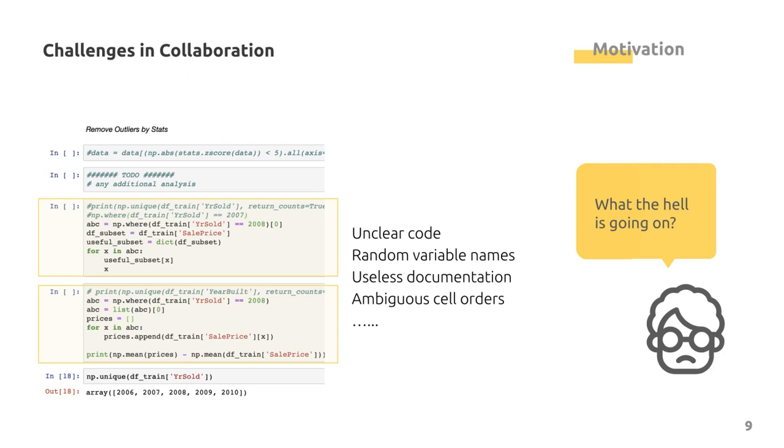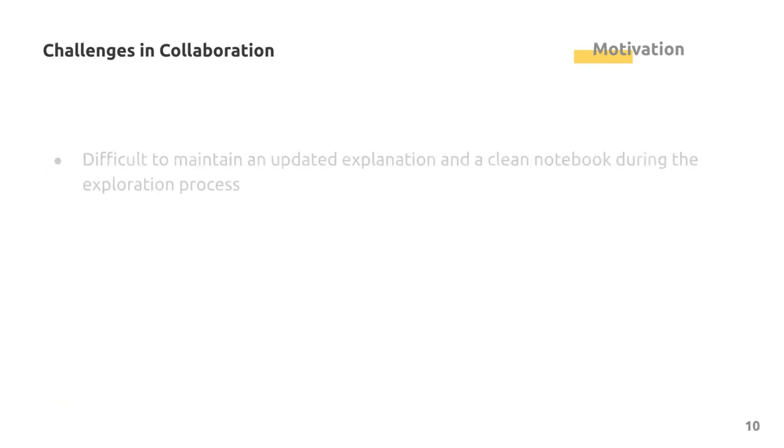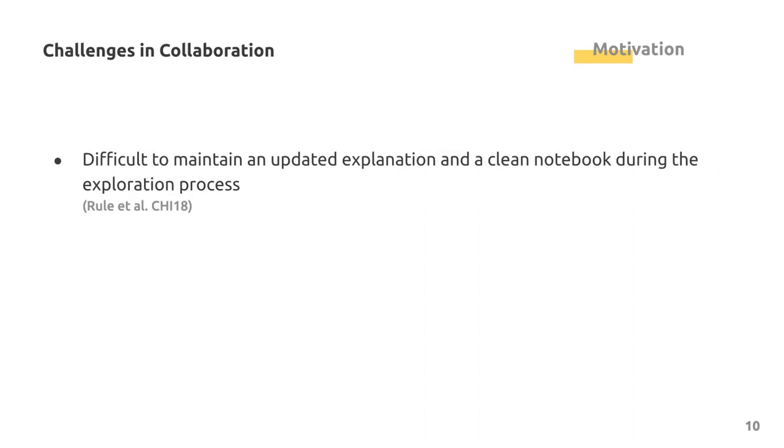Due to the exploratory nature of the work, data scientists frequently write draft code to experiment, explore, and test hypotheses. Thus, it is difficult for them to maintain an updated explanation and a clean notebook during the exploration process.